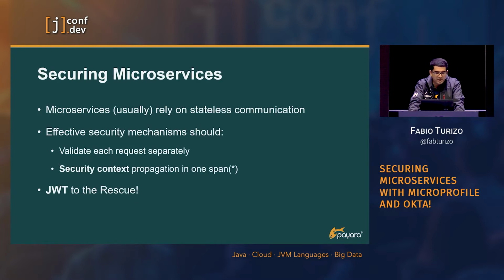Now, microservices usually rely on stateless communication. The idea is that every request should be idempotent. Whenever you execute a request, the data and the security context must always be provided within that request, and you always get a response.